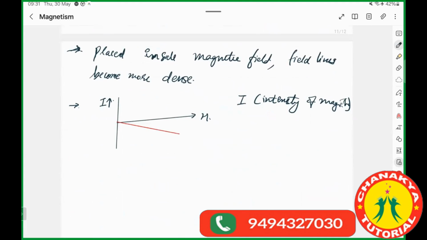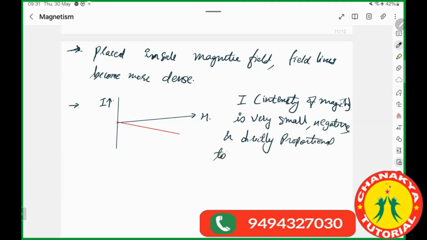Intensity is very small, negative. You can see I'm just writing from the graph. And proportional to H.